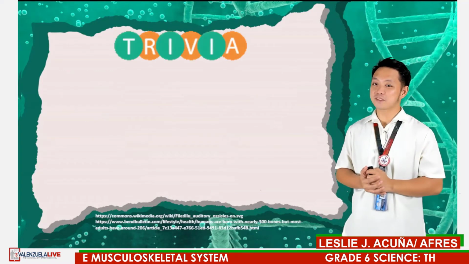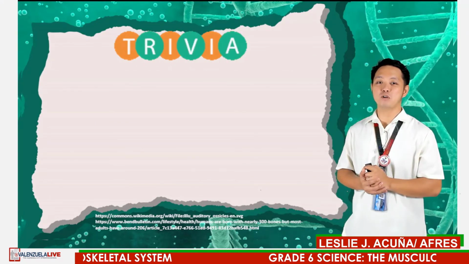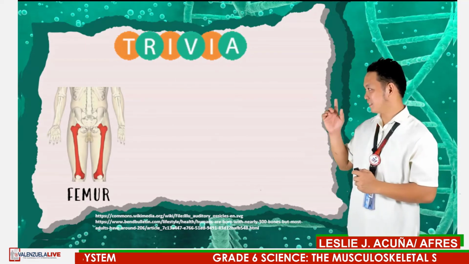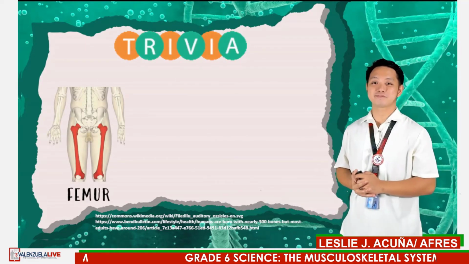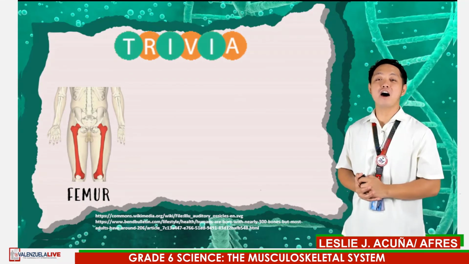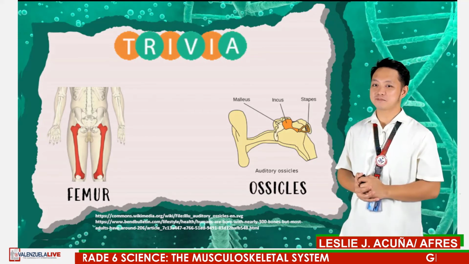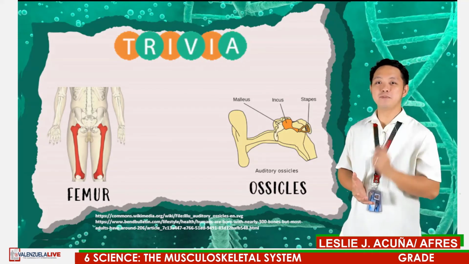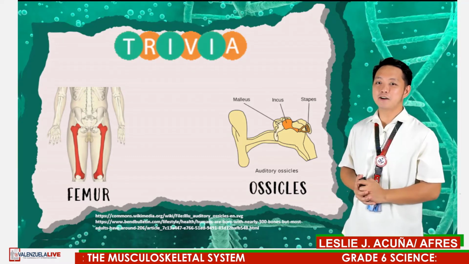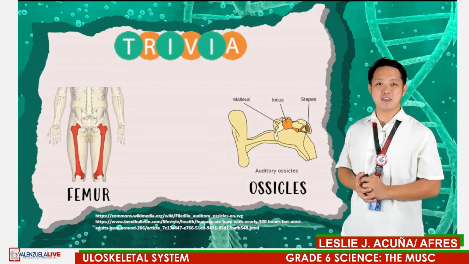Trivia time. Did you know that the longest and heaviest bone of the body is the femur or thigh bone? And did you know that the smallest bones of the body are found in the ear, or specifically in the middle ear, namely the malleus, the incus, and stapes?